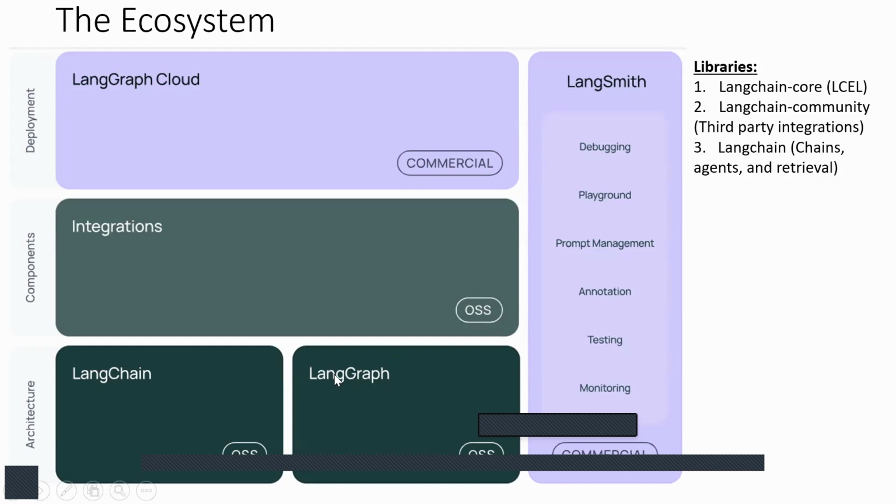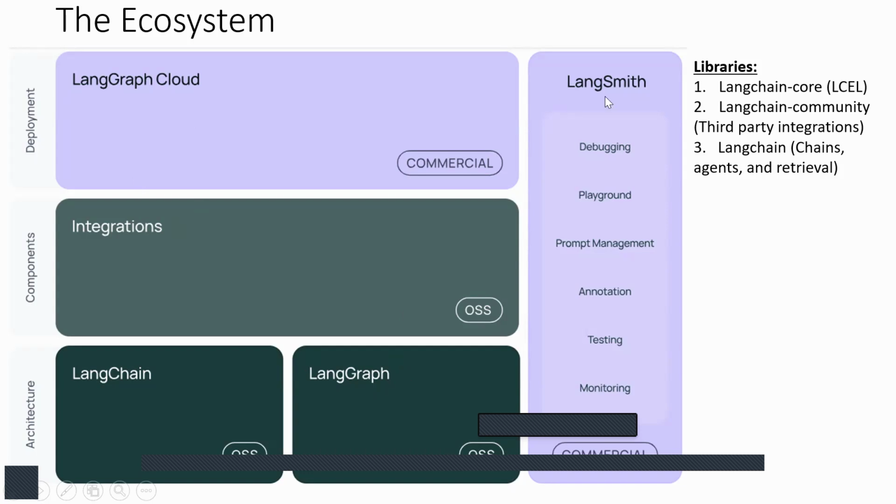I think this is for deploying your agents. They have come up with the cloud platform where you can build your applications using LangGraph, and once it is done, you can deploy them on LangGraph Cloud.